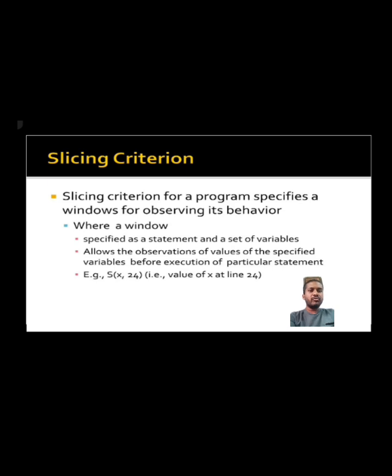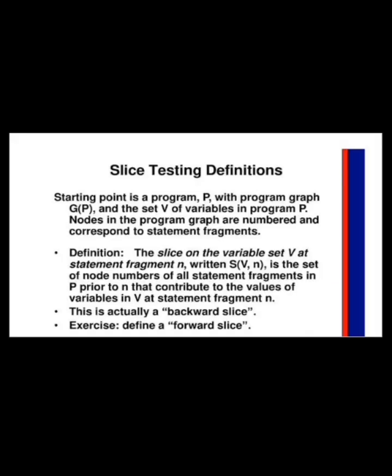A criterion for slicing a program specifies a window for observing its behavior, where a window is specified as a statement and a set of variables, which allows the observation of values of specified variables before execution of a particular statement. For example, x, 24 is the value of x at line 24.